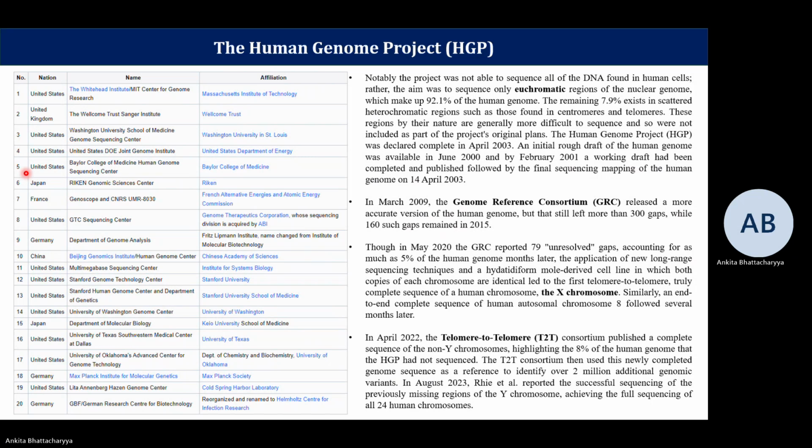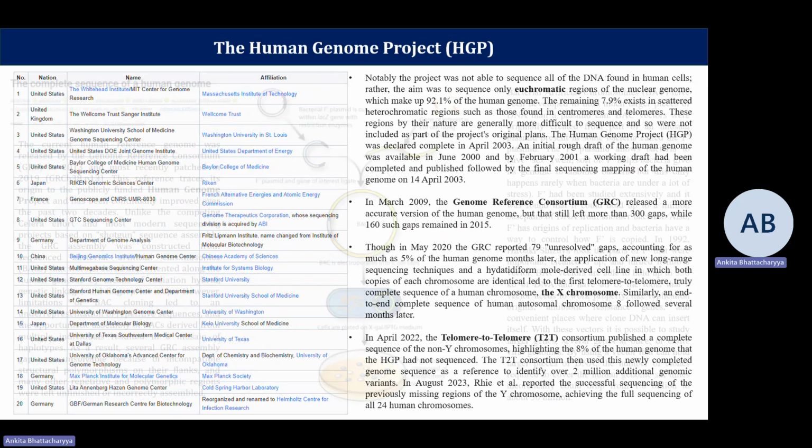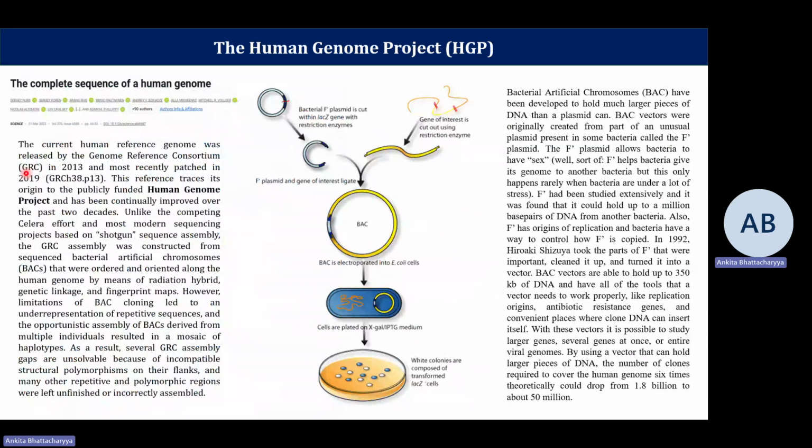Sorry. Then the idea we discussed next was how the sequencing initiative was even carried out. Basically, a special vector was employed for this purpose, BAC, or bacterial artificial chromosomes, whose key attribute is that you can clone very large sequences into these vectors.